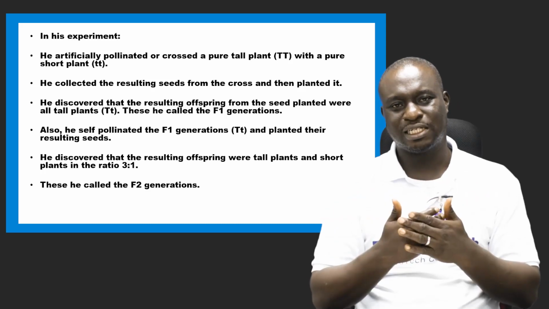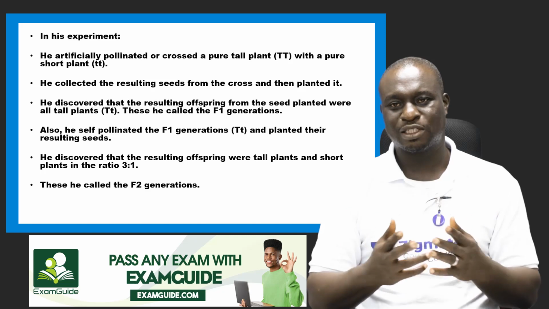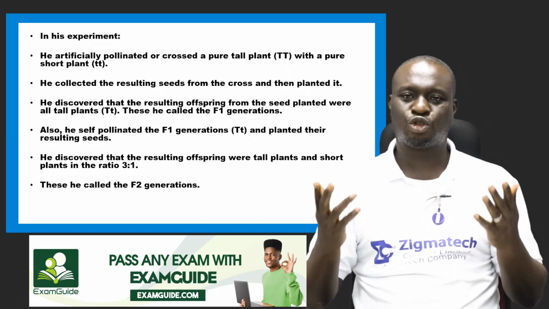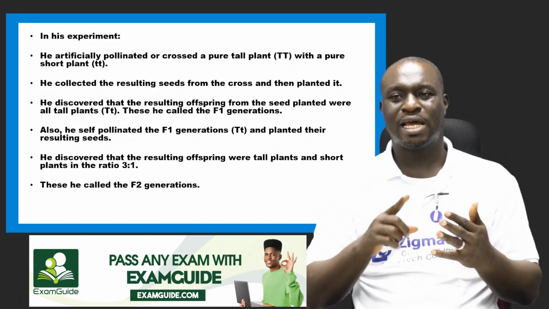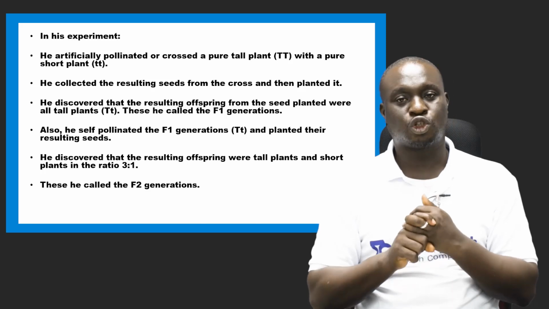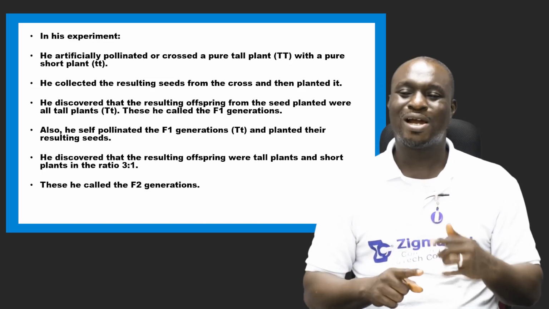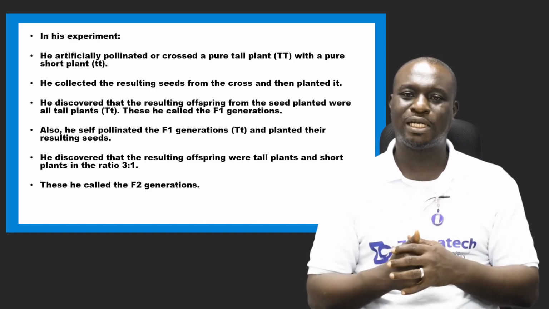Remember, crossing simply means they breed; sexual reproduction took place. So he artificially crossed a pure tall plant, which is capital letter T, homozygous for tallness, with a pure short plant with a small letter t.